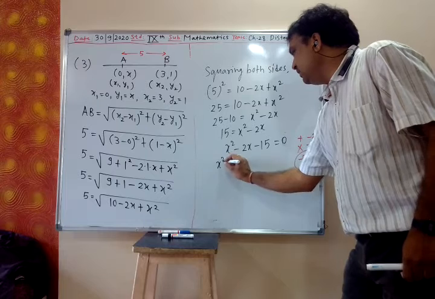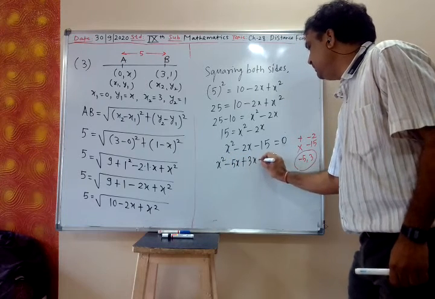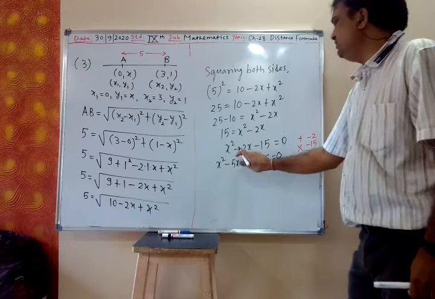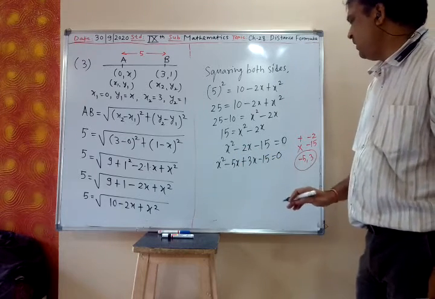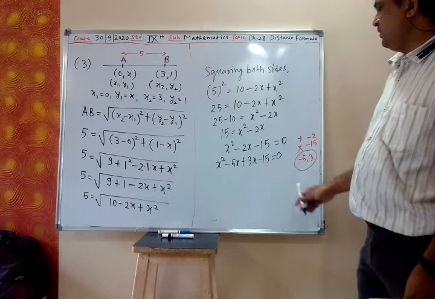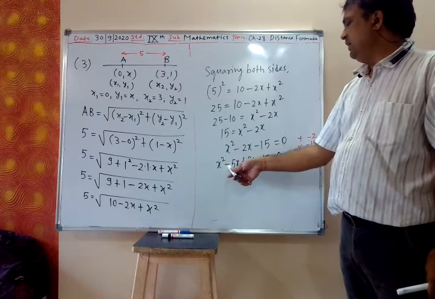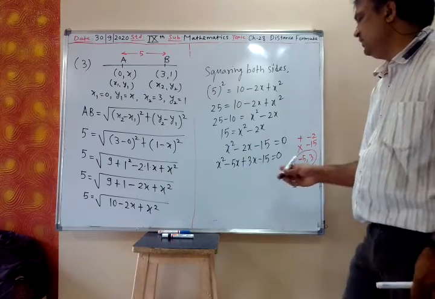So we want the bigger number with minus sign. Minus 5 plus 3 is minus 2. Minus 5 into 3 is minus 15.